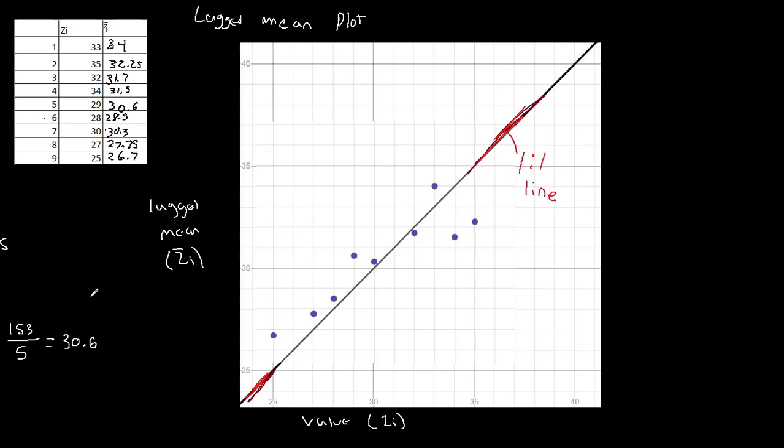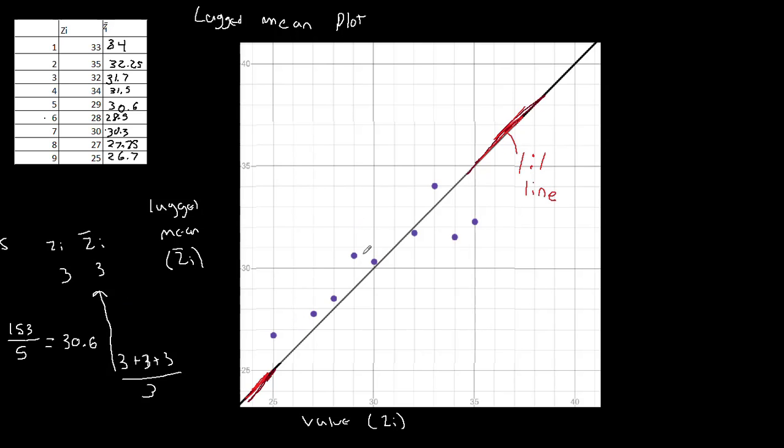If we had a zi of 3 and a z bar i of 3, and we have 3 neighbors, that would mean all 3 neighbors have to have a value of 3. I know that's kind of a dumb example, but if it falls on the line, that means the neighbors have the same value as the polygon of interest.